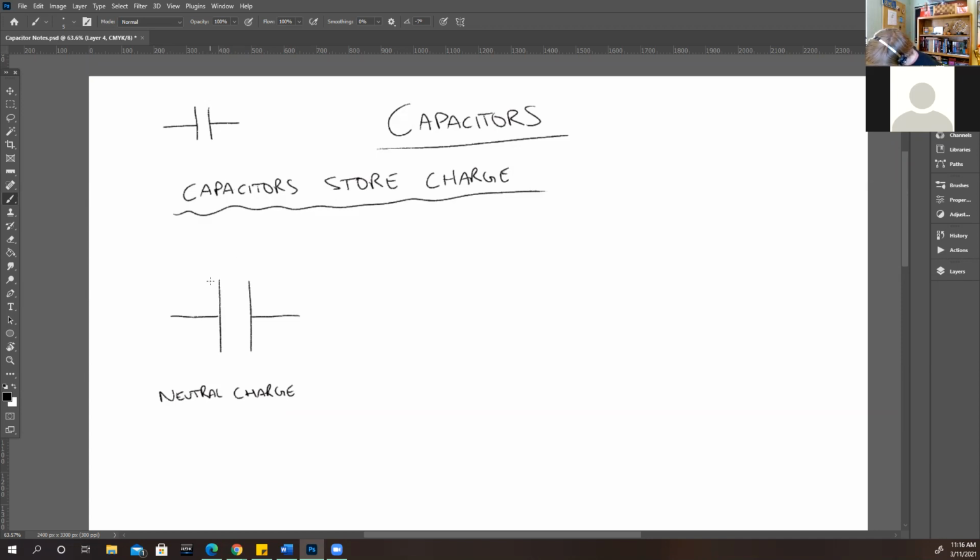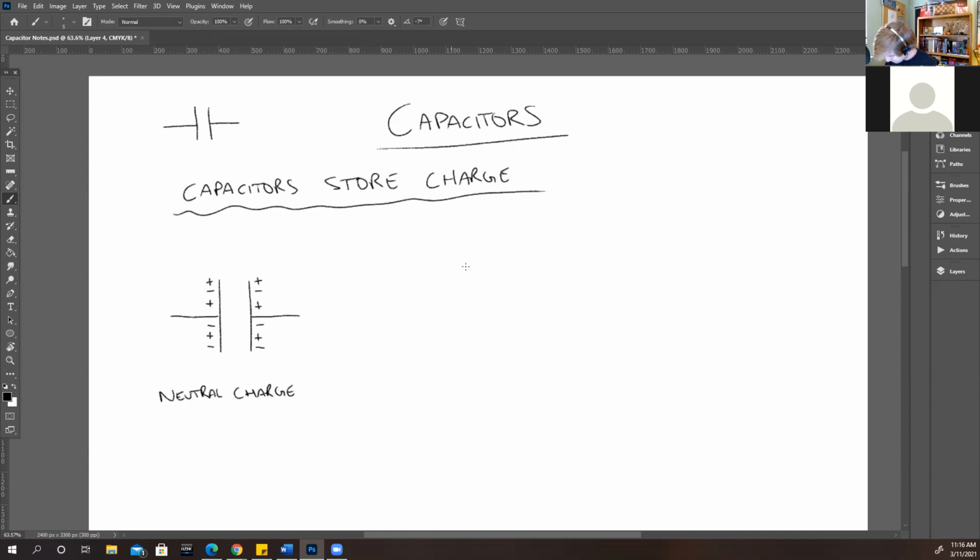There's an equal number of positive and negative charges in both sides of the capacitor. So there's a neutral charge in a disconnected capacitor.